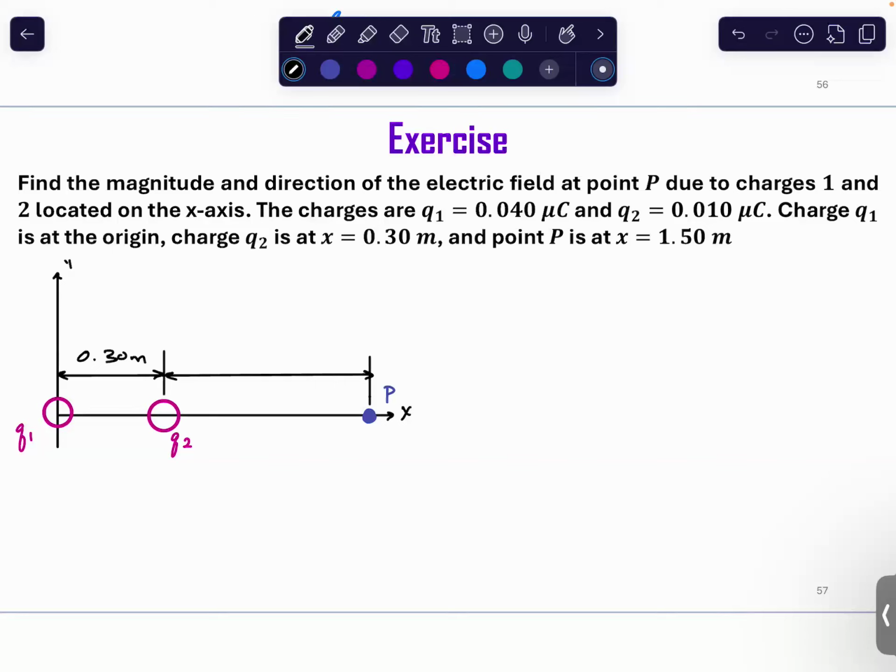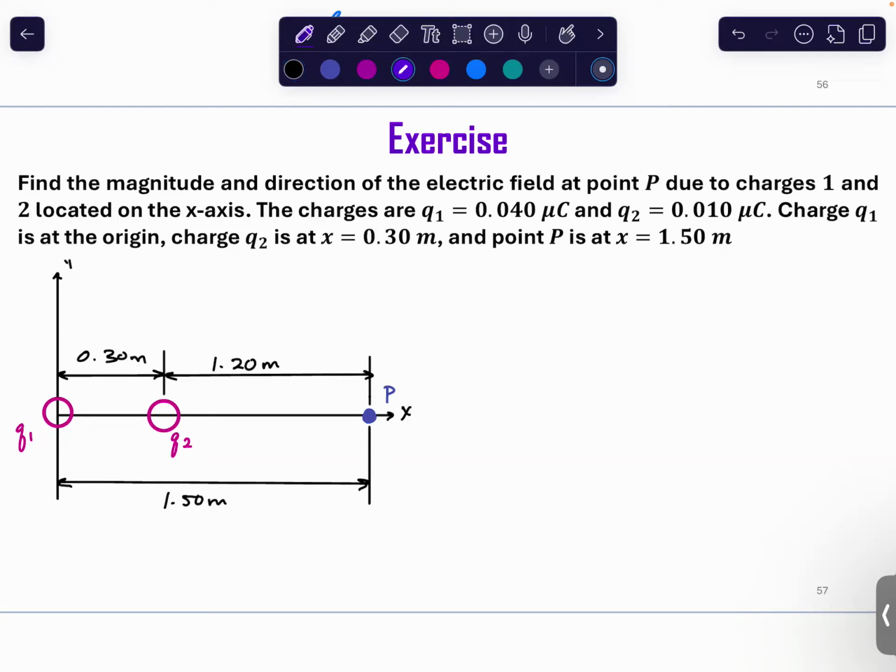And so then, if that whole distance is 1.5 meters, what is the distance we haven't marked? 1.2. So we have everything marked the way we need it. And then let's see. Find the magnitude and direction of the electric field at point P.